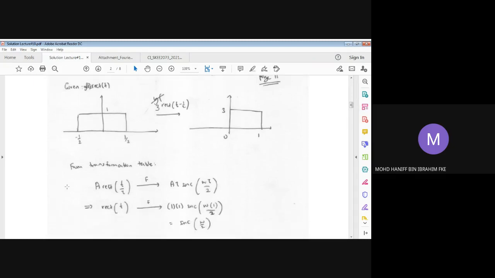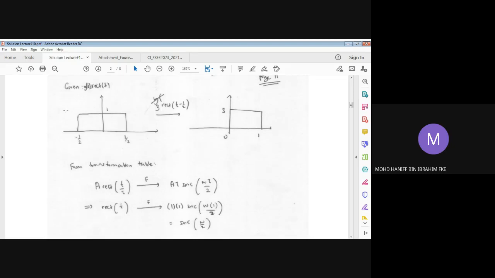This is the transformation table, and from the table, it is given that if we have A rectangular T over tau, the Fourier transform will be A tau sinc omega tau divided by 2.